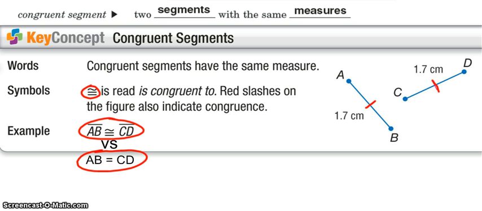So put this in your notes and also make a note that we're talking about the segments, where we have segment AB is congruent to segment CD. Below here, where AB equals CD, we are talking about the measurement.